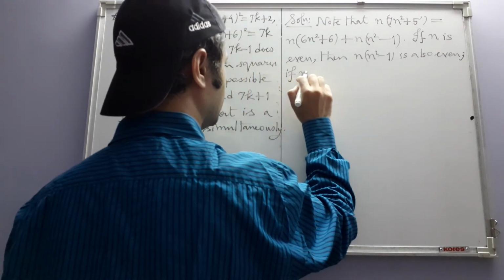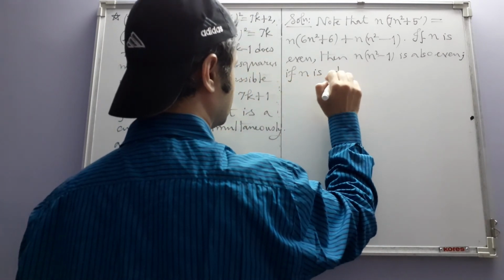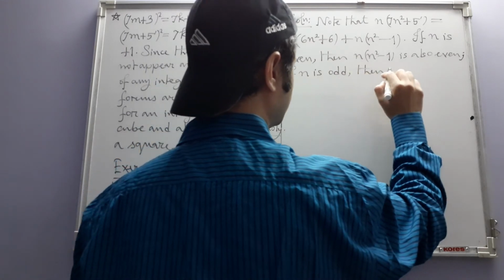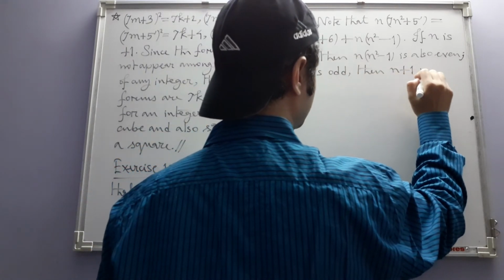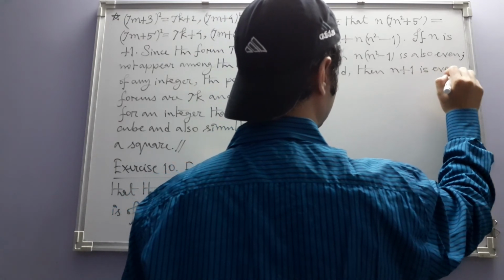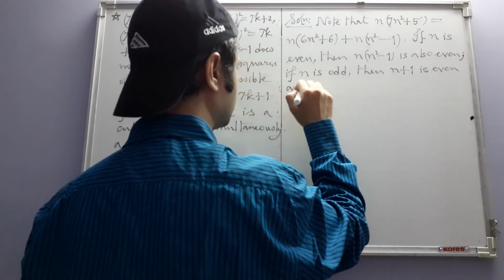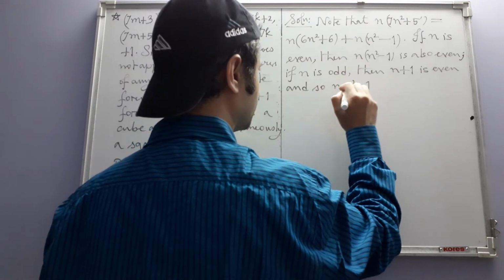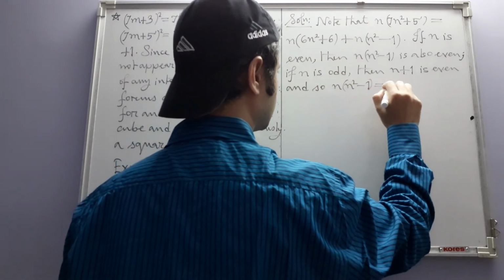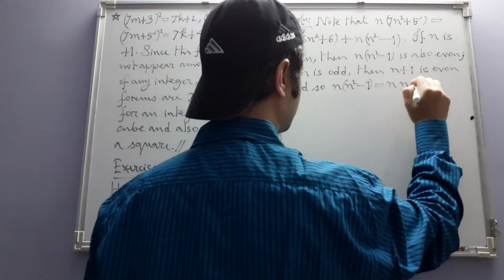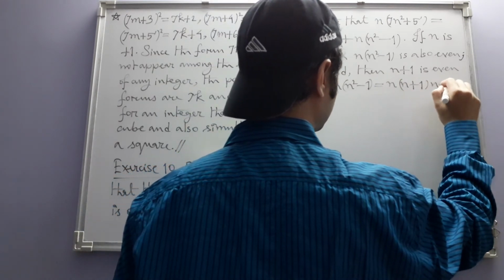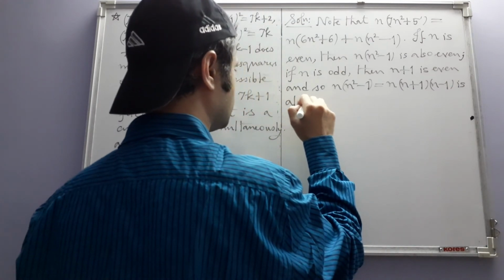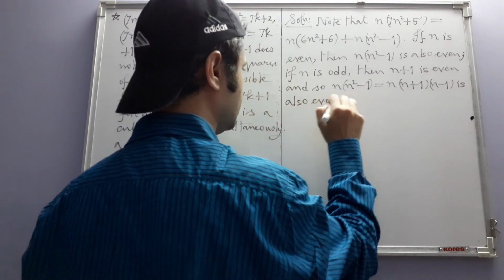If n is odd, then n plus 1 is even, and so n times n square minus 1, which is n times n plus 1 times n minus 1, is also even.